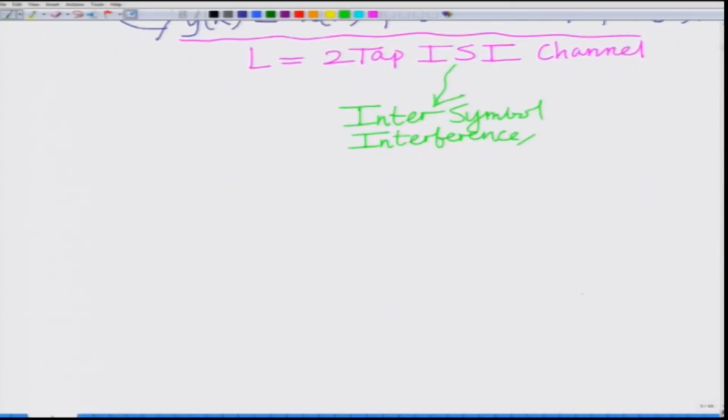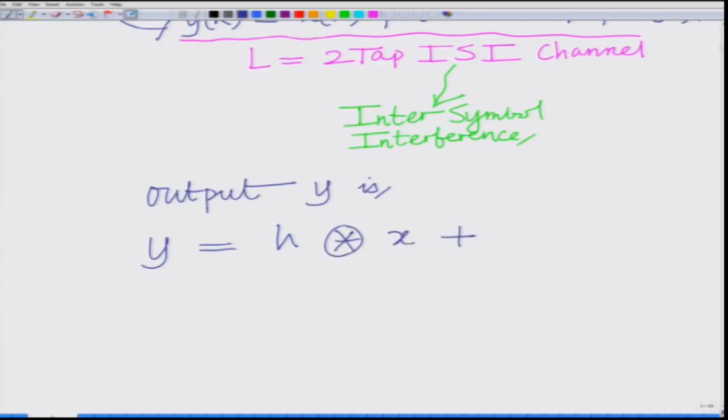And now when I transmit the cyclic prefix added symbols, we know that the channel operation, basically the linear convolution, becomes a circular convolution because of the addition of the cyclic prefix. Therefore, the output y can be represented as h circularly convolved with x plus v.